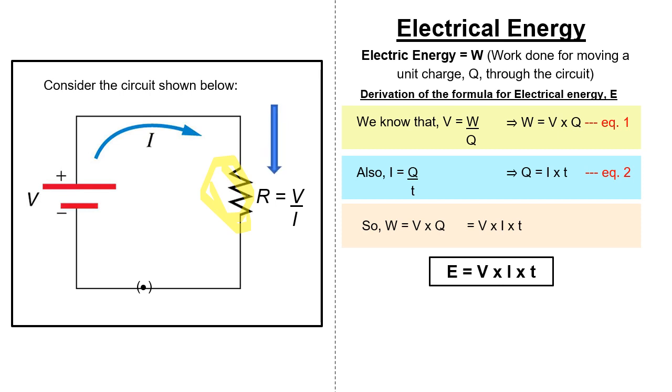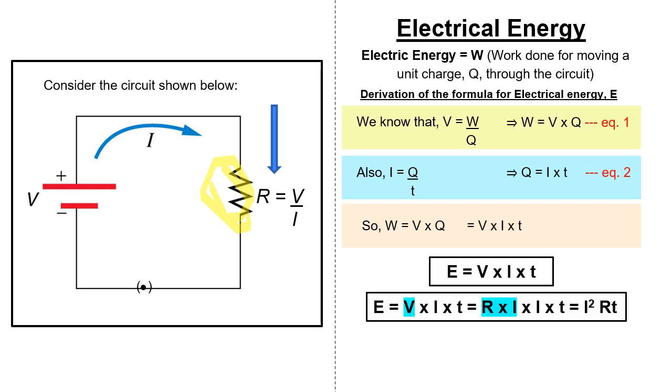Now, based on Ohm's law, I can also include resistance in this formula. So how do I do that? I do that by isolating I and isolating V one by one. What does isolating mean? Knowing Ohm's law, I can write V is equal to I times R, and taking R this side, I can write current is equal to V upon R. Correct?